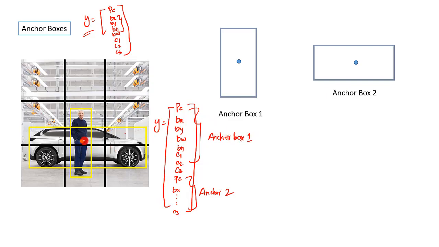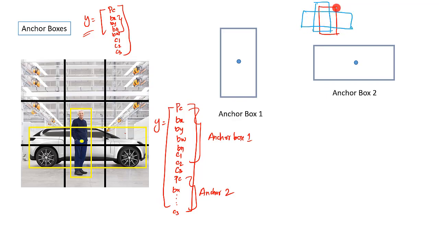For example, say this is a person, and we have two anchor boxes here. We have one box which is the person, and we have a prediction. Say this is the person, and this is a car which is being predicted.